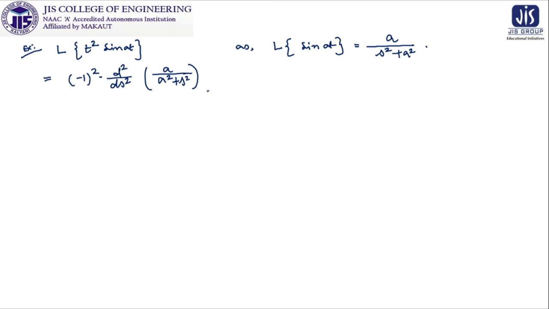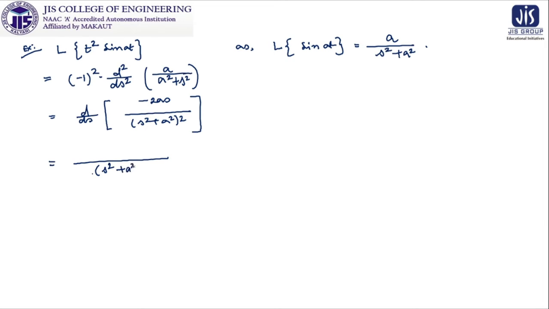After this, one time differentiation will be done first, and it will be minus 2as by (s squared plus a squared) whole squared. In the next line, after doing the differentiation and simplification, we will get (s squared plus a squared) whole cube in the denominator, and the numerator will be 2a into (3s squared minus a squared).